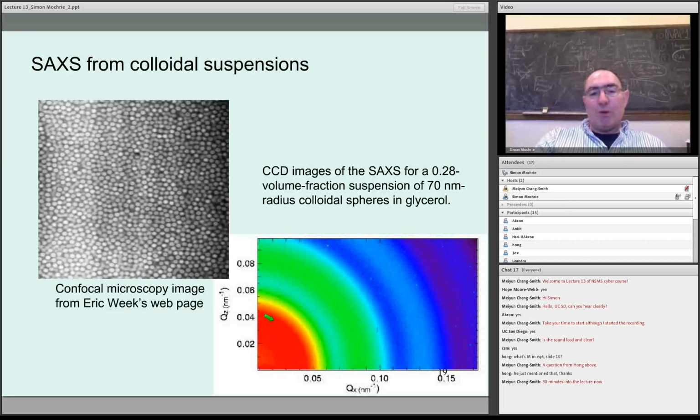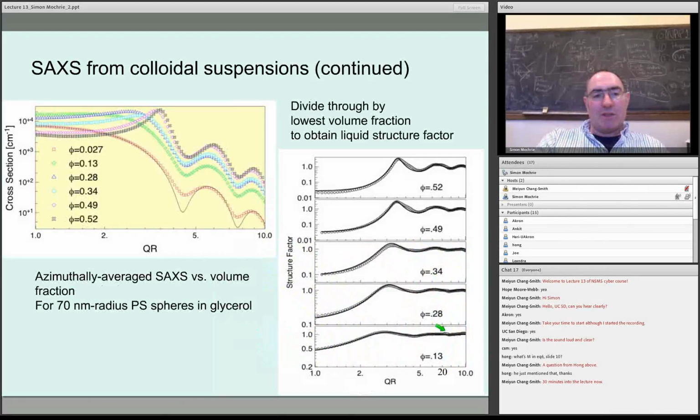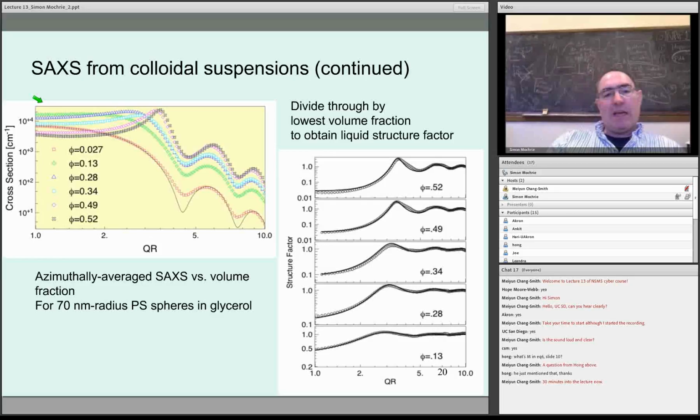And what you can do with data like this is average the intensity around rings. So I go around a ring like this, adding up all of the intensities, and then plot as a function of the magnitude of the wave vector. So I plot as I go out, and when I do that, I'll get data that looks like what's shown here.